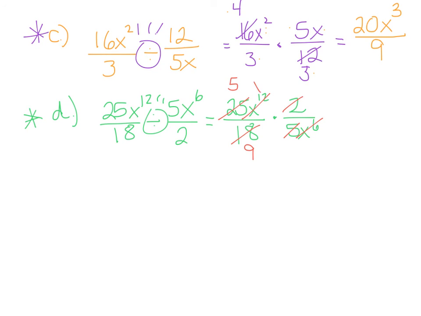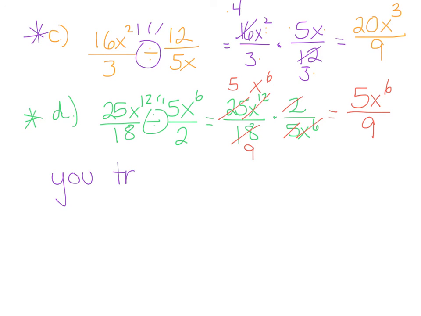That leaves us with x to the 6th on top. Okay, so those are all of our common factors in the numerator and denominator. So we've got 5 x to the 6th over 9. Beautiful, beautiful, beautiful. All right, couple for you to try.